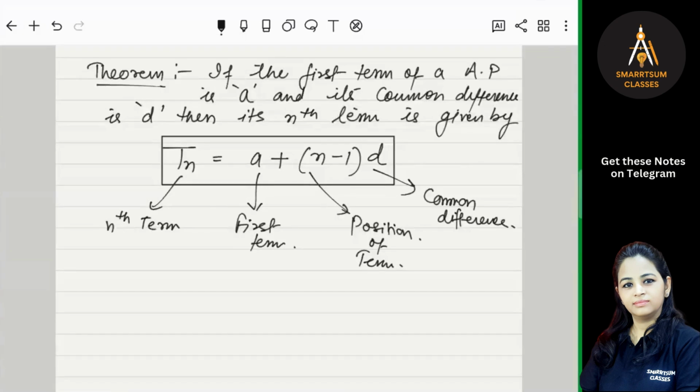Now let's see where this formula came from. This is very simple. Suppose we have an AP.